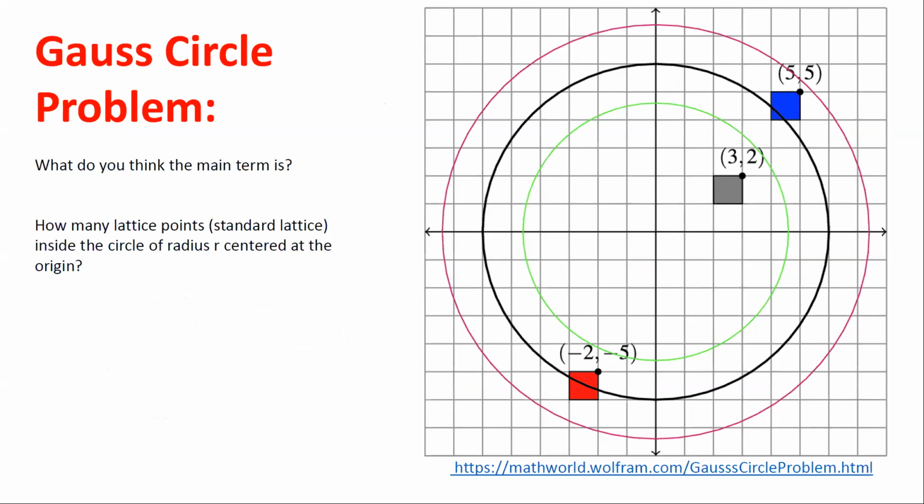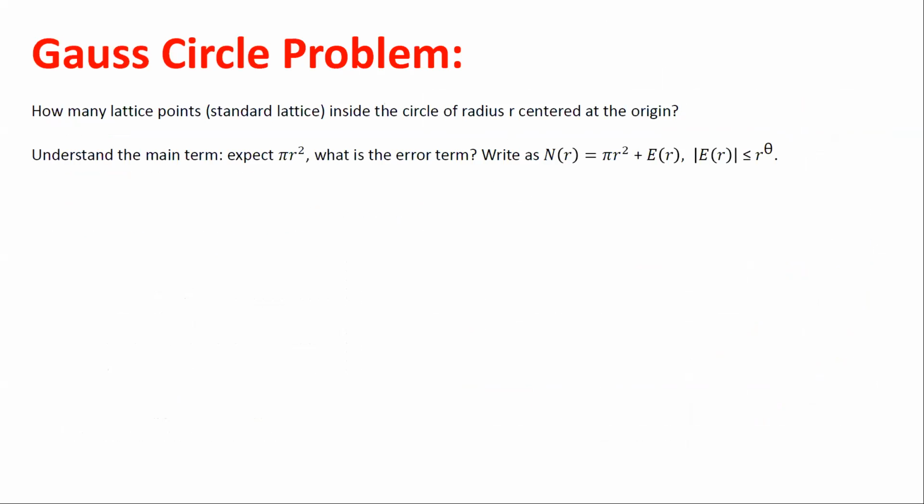Okay, so we talked about how we would prove that, and this proof gives an error of size r. So the question becomes, if we write the number of points as pi r squared plus an error, what is the smallest theta we can take such that the error term is at most r to the theta?